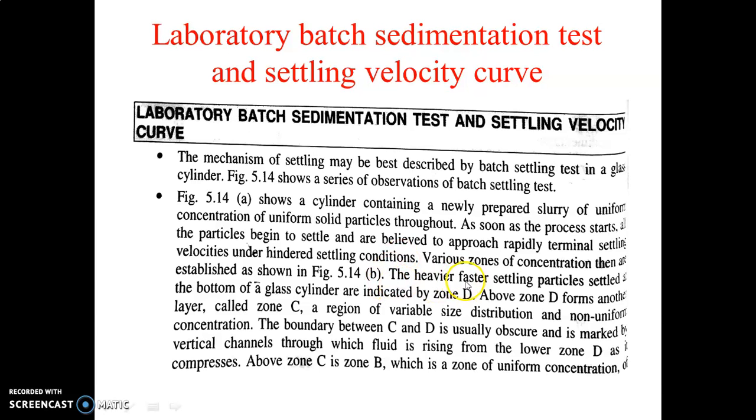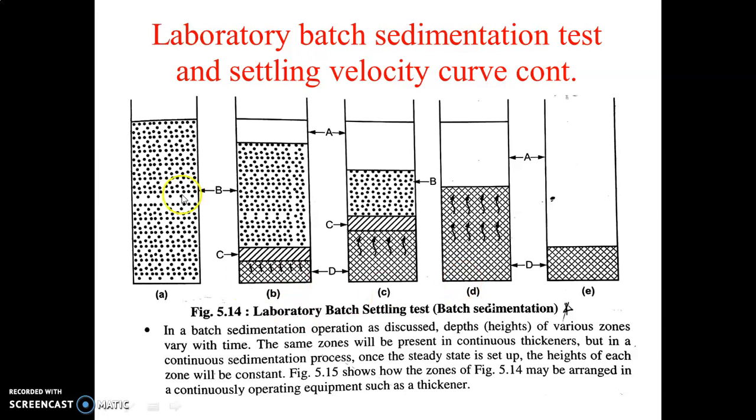the various zones are obtained. These zones are shown in this figure B. This is the first figure. This figure shows the newly prepared material, and after some time this slurry starts to settle, and 4 zones of this slurry are obtained.